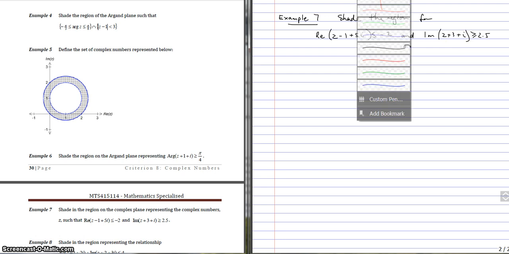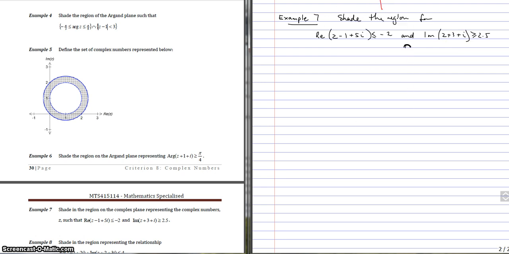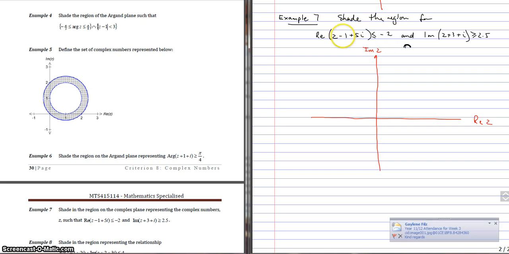Okay, so we need to draw a set of axes, which we now have here. Now consider this here, this is the real part of z minus 1 plus 5i, which means that this plus 5i, this imaginary part, is irrelevant. So with the real part, our vertical line, which normally would pass through -2, is translated 1 unit to the right.